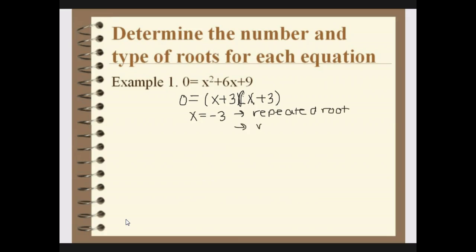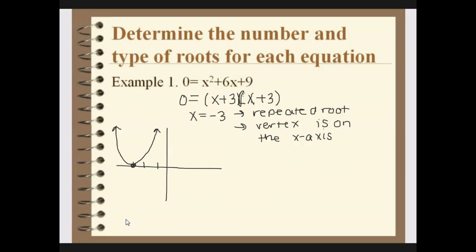That also tells me that my vertex is on the x-axis. So if I were to graph this function, I would know that the x-intercept only crosses once at -3. My parabola is going to open up and have no other real zeros.